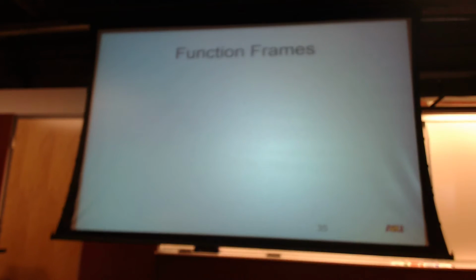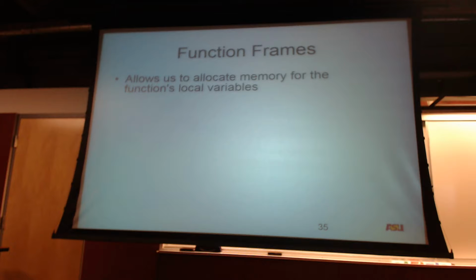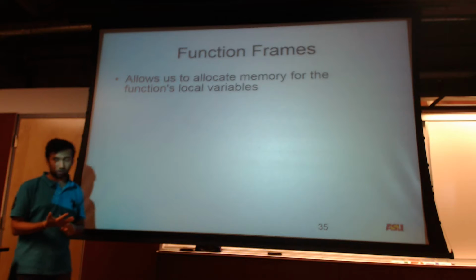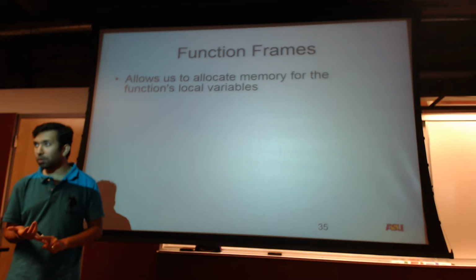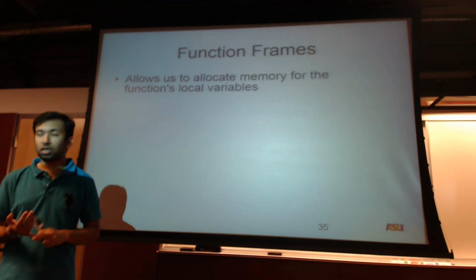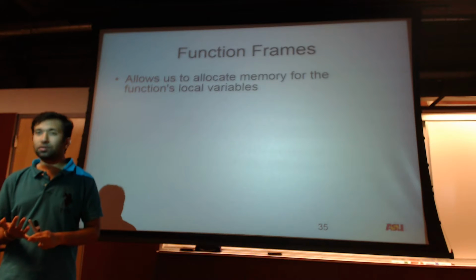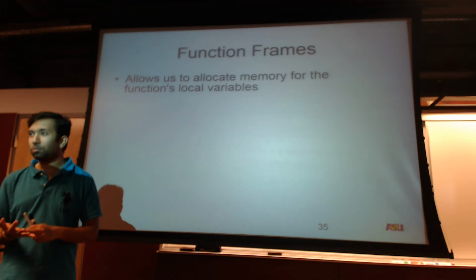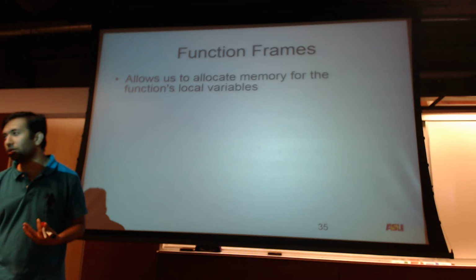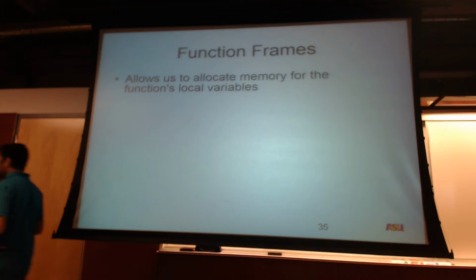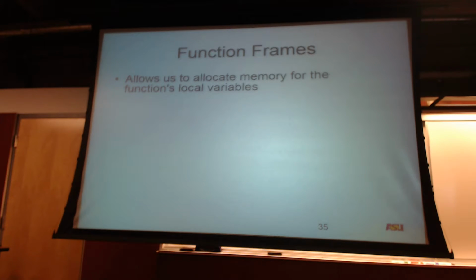So what are function frames? It allows us to allocate memory for the function's local variables. Not only that, it allows us to do a lot of other things. So function's local variables, actual parameters, memory addresses, right? Instruction pointers, as well as stack pointers, base pointers, all these things we can store in the stack. However, we need to call a function before it starts executing.